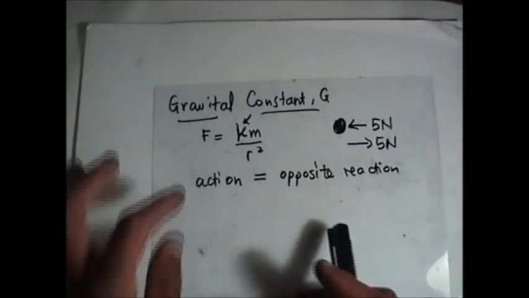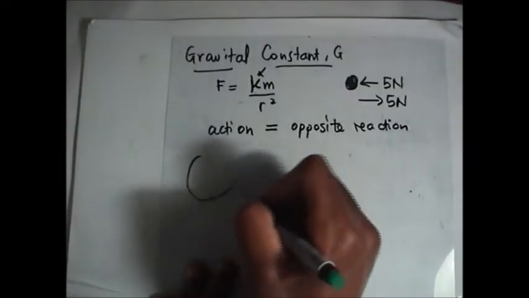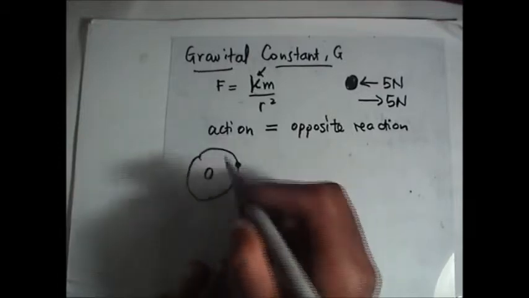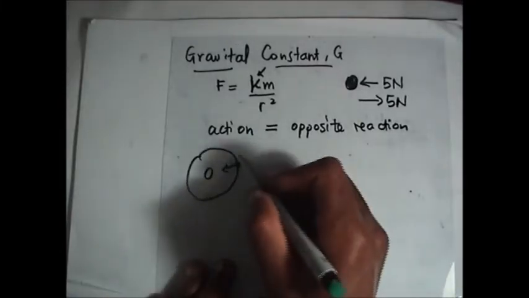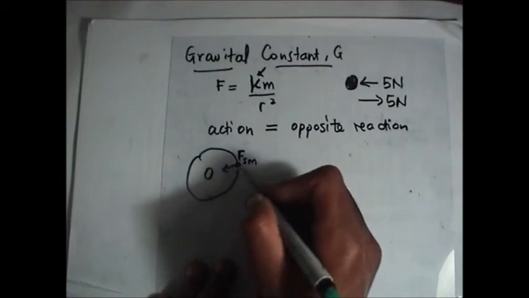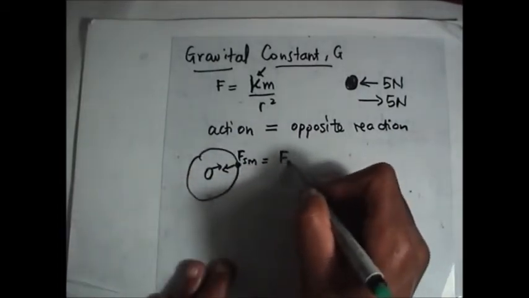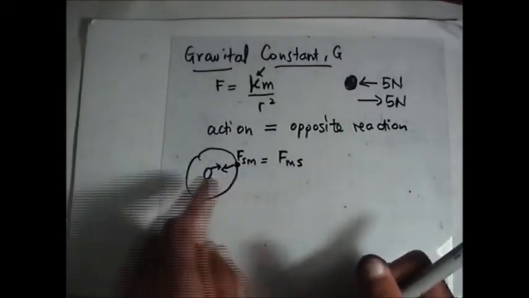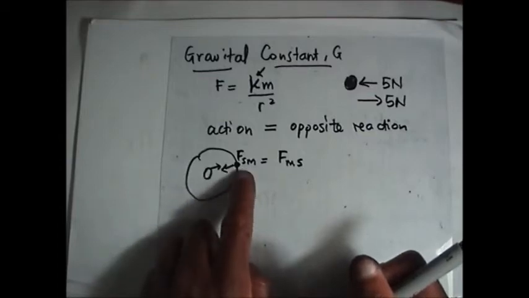So he was like, if the earth is attracting the moon with a force FEM, then also the moon is attracting the earth with an equal and opposite force. Let's say this is the sun and this is the moon.